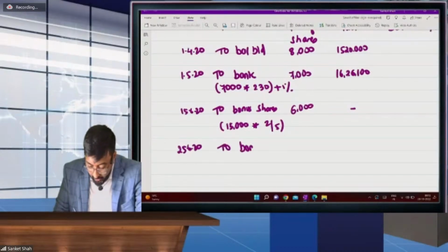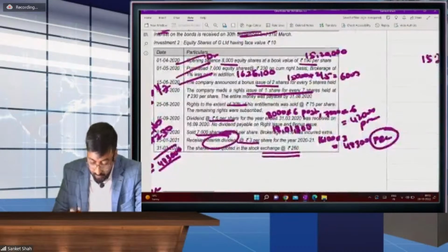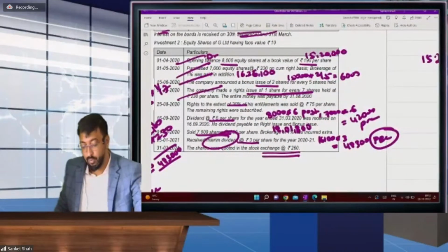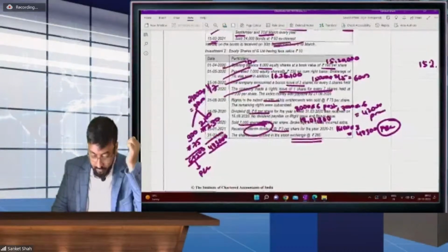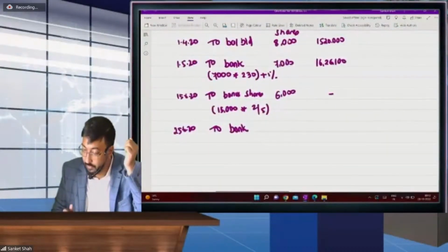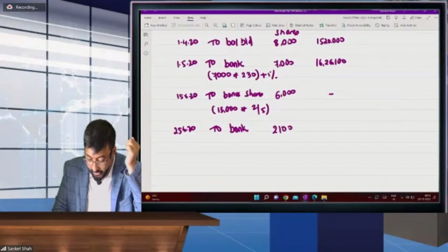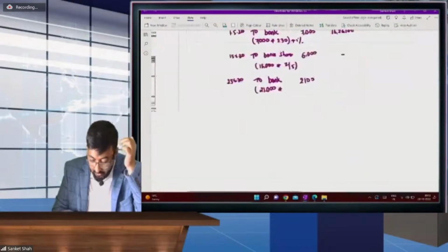To bank. How many shares? 2,100. 21,000 into 3/7.